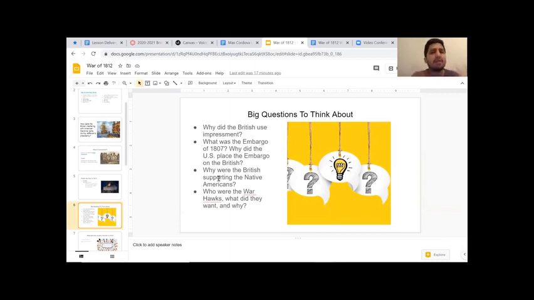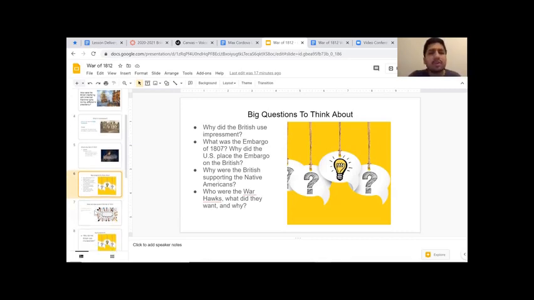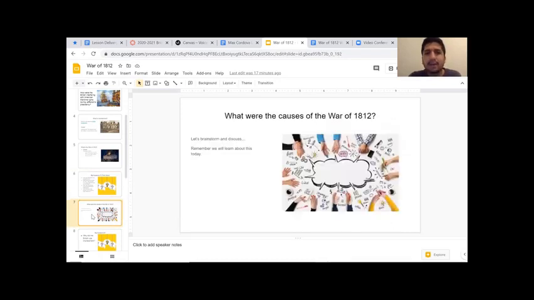That's where other people come in, such as Tecumseh, and why his name is brought up. Another question is, who were the war hawks, and what did they want, and why did they want it? Those are big questions we're going to look into today as a class. But here, we're going to look at our first one: what were the causes of the War of 1812? Let's brainstorm and discuss as a class.